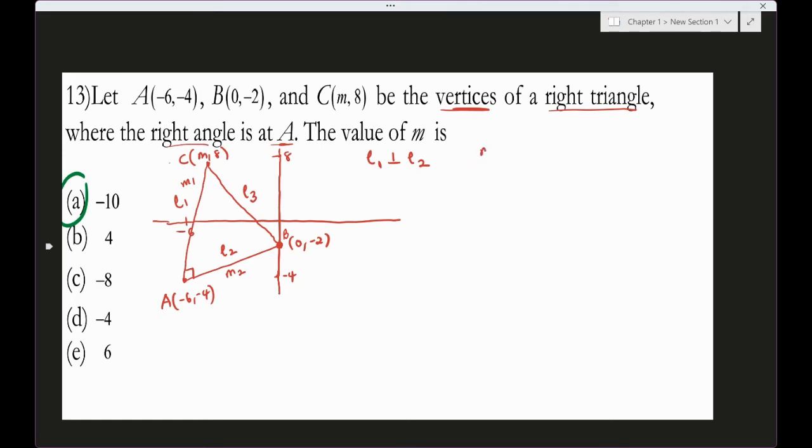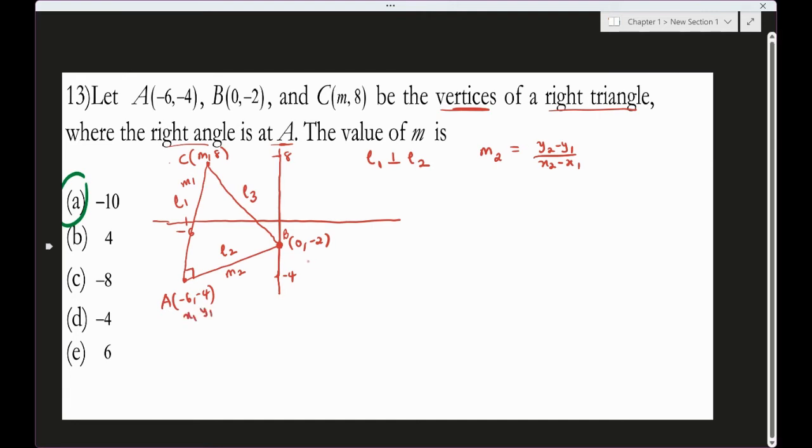So what we can do now is to find the slope m2. We can use y2 minus y1 over x2 minus x1. Let's call this one x1, y1, and this one x2, y2.